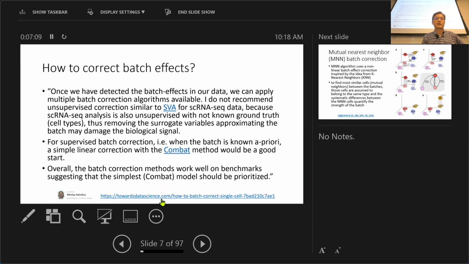And in this blog, the author says sometimes this very simple, old-fashioned batch correction algorithm works really well. So you don't have to introduce new algorithms for single cell. Just borrow the old ones. It's also okay.